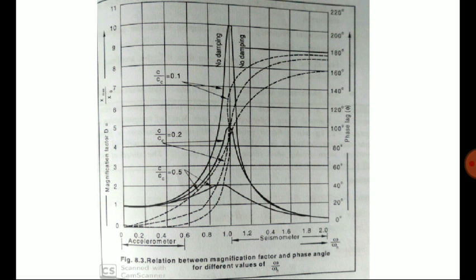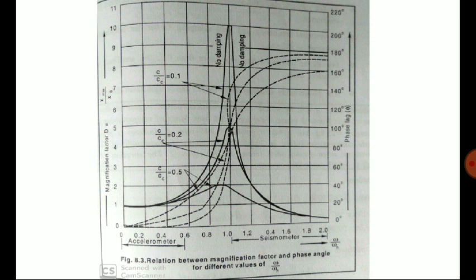So what will happen to magnification factor? Magnification factor will increase, it becomes maximum. So you can see in the curve, corresponding to omega by omega n equal to 1, D becomes maximum here. And it also occurs at a phase angle of 90 degrees, which you can also note here.